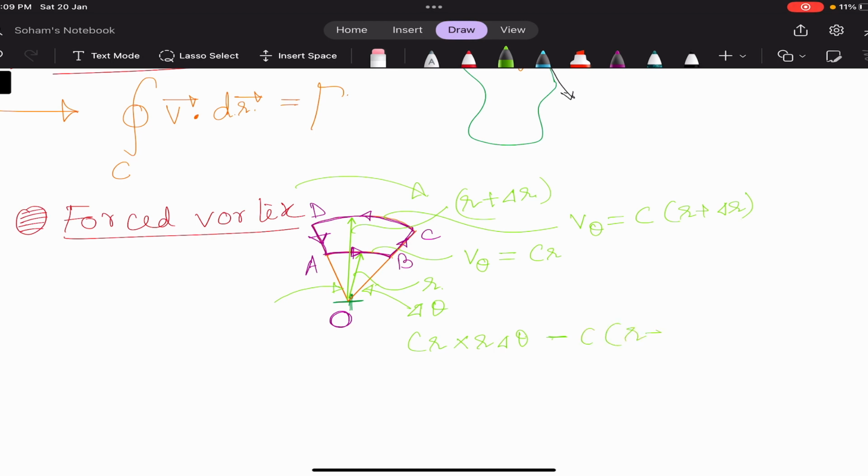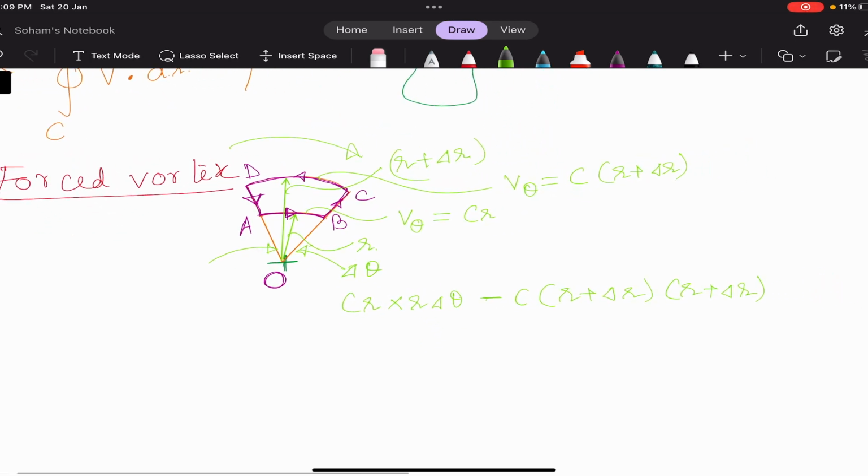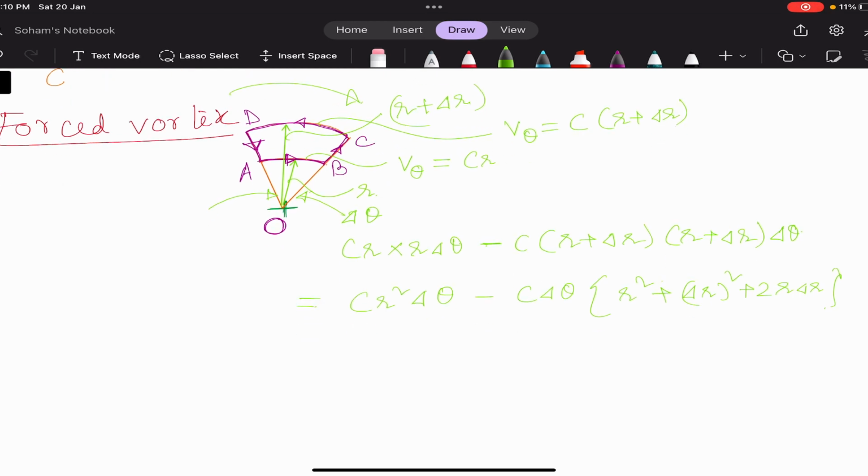So this will give v theta into delta theta obviously. So this is C r squared delta theta minus C delta theta into r squared plus delta r squared plus 2r delta r, right. I hope I am not making any mistake.